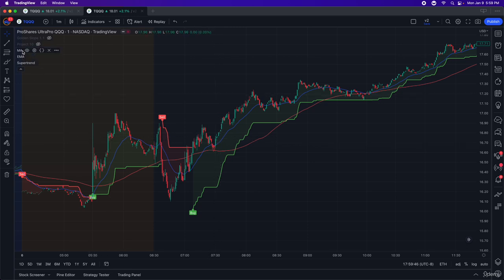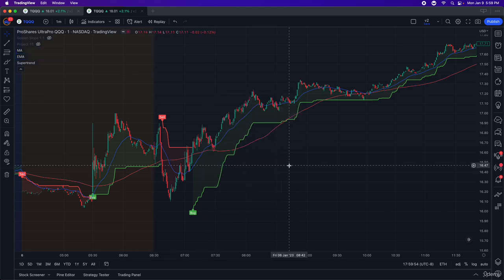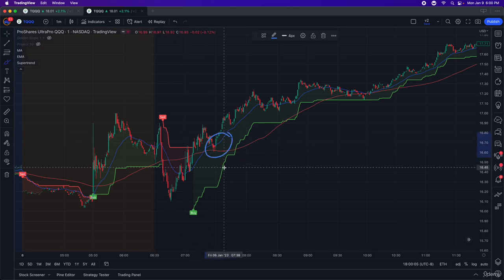It's going to be a 50 EMA or 25 EMA, let me actually make sure. Yeah, 25 EMA and a 50 or 100 MA line. We talked about it in the previous videos. But you get a buy signal, and you want to make sure that the EMA line, in this case the blue line, is right above the MA line.